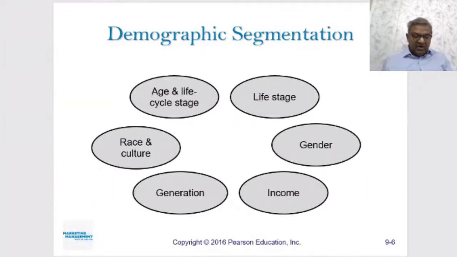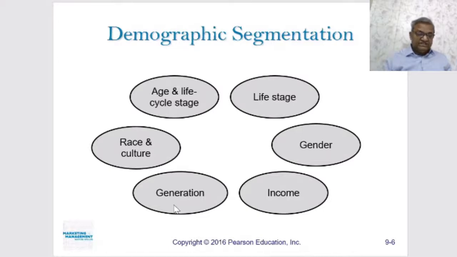So effectively, this is towards the demographic segmentation that we decided to look into. Age and life cycle stage is a very important aspect of any segmentation within the demographic segmentation. We've also got it for gender, and then we've got segmentation for income. We've got a product which is being segmented for income.